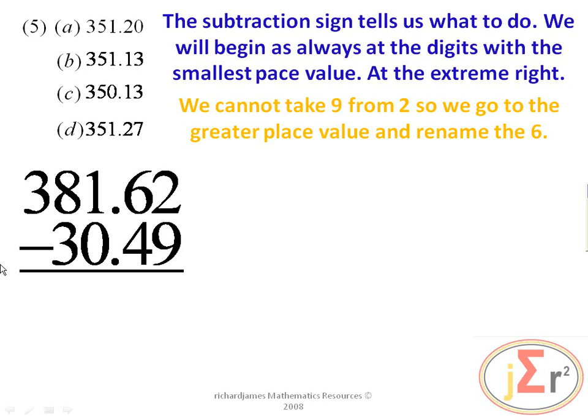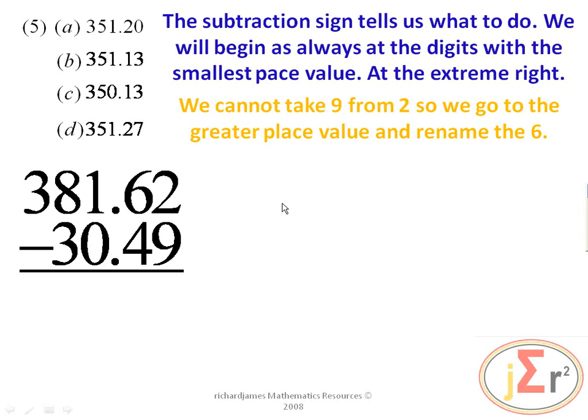Right. So we say 9 from 2, or 2 take away 9. We can't. So according to what Jerry Lewis suggested, we should go over to the 10th column and take 1 from there.